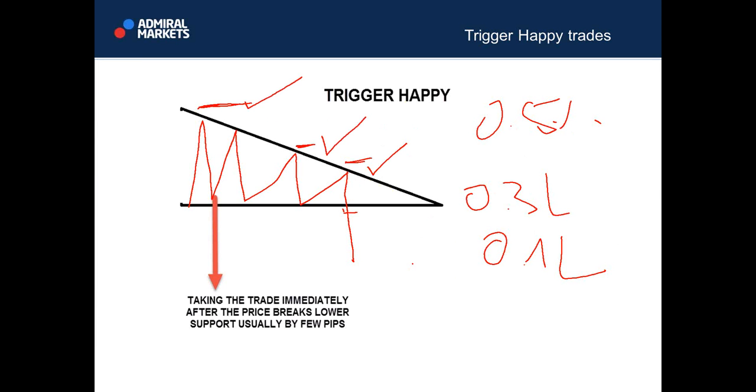Why? Because you are effectively basing your trades on how much you are willing to lose. You don't know how much you will gain, but you know how much you are willing to lose. Okay?